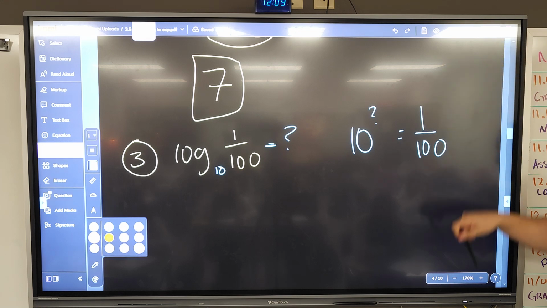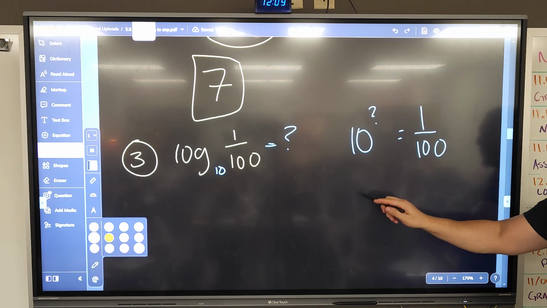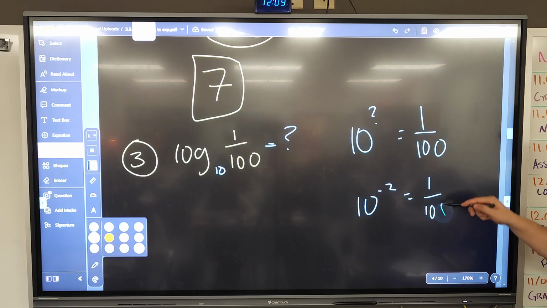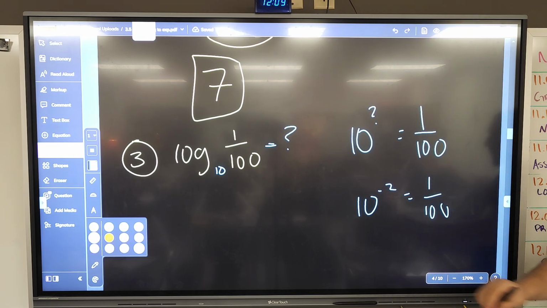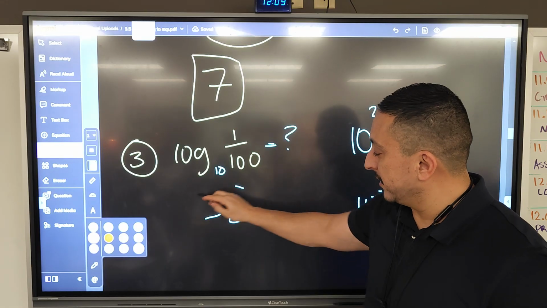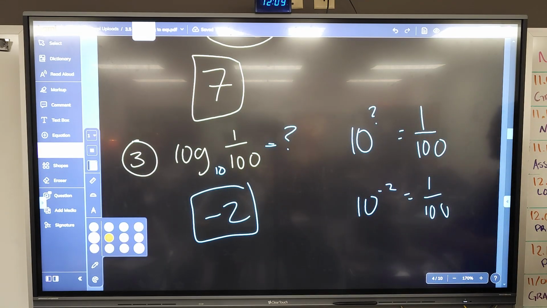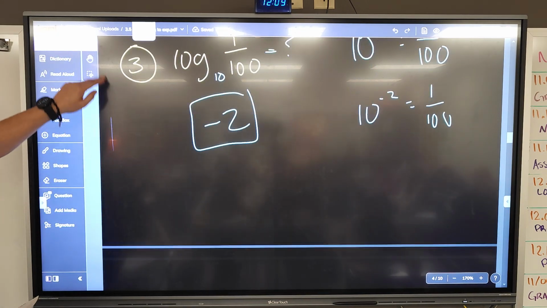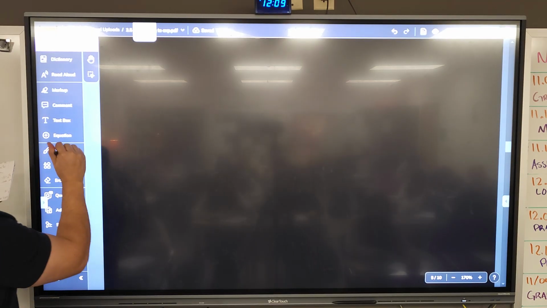But it's below, so negative 2. The negative brings the 100 down. Okay? So the answer to this is negative 2. Y'all following with me why it's negative 2? Because yeah, it brings it down. Okay, that's number 4.